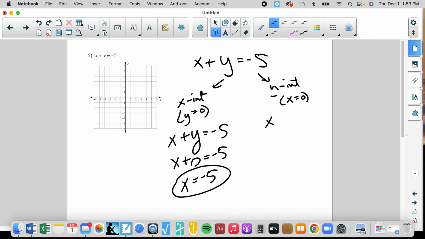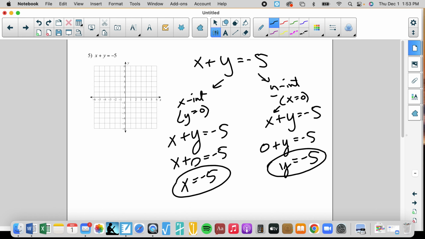The starting equation, we're going to plug in 0 for x, and we get y equals -5. So the x-intercept is going to be -5. The y-intercept is going to be -5. And we have the arrows. So -5, 0, 0, -5. And that's our equation.